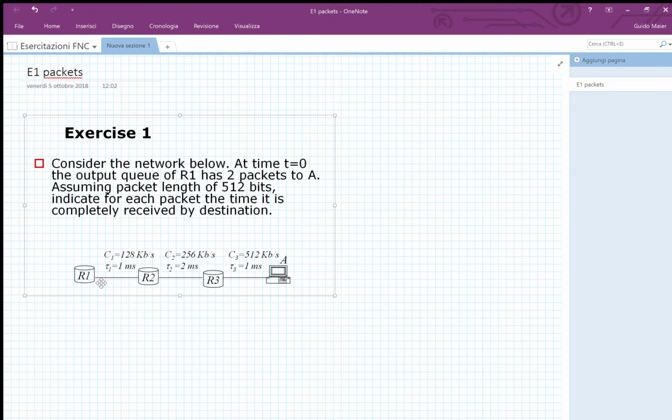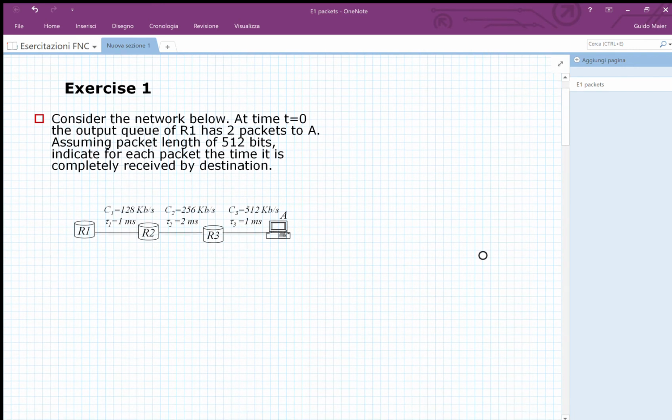We have 2 packets that are transmitted by R1, and the question is what is the time that it will take for the 2 packets to arrive at A. And so we have to consider all the possible delays that can occur to these packets when they are propagating from R1 to A through the intermediate nodes.